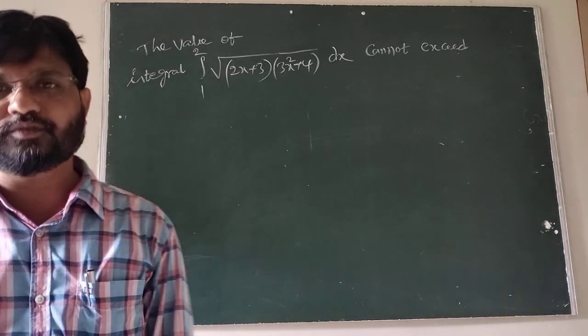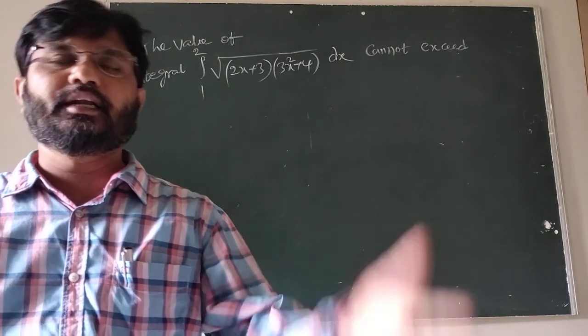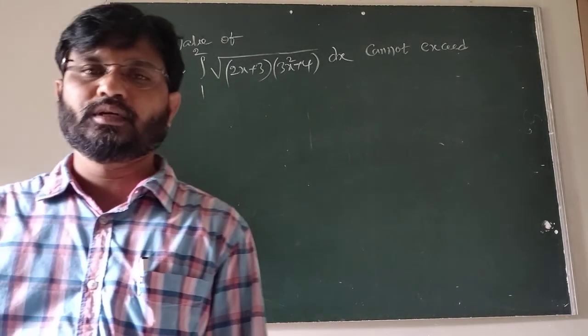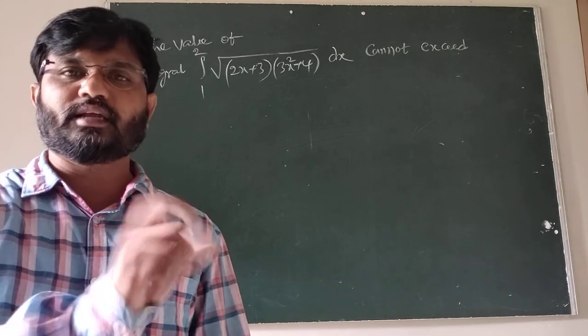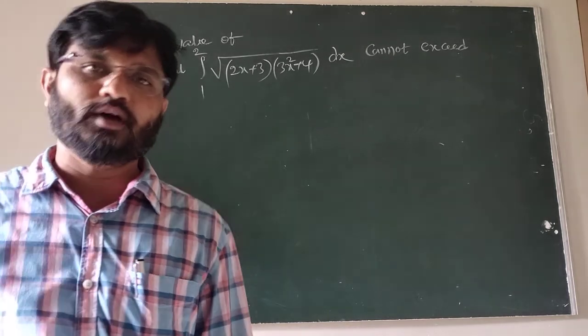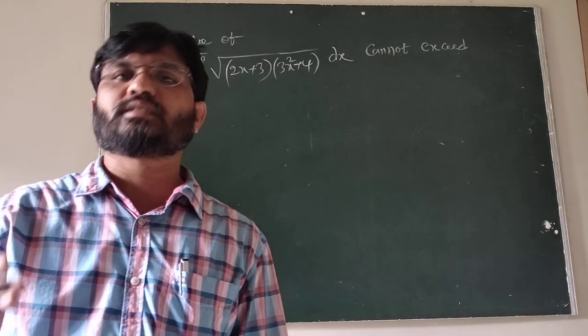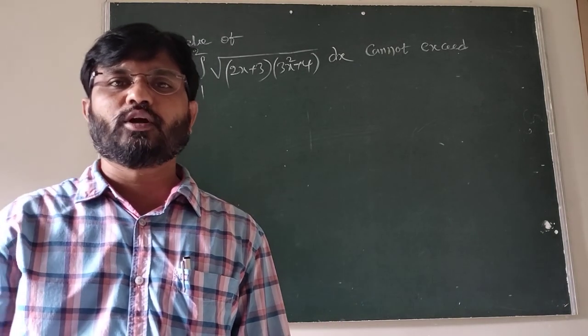So yesterday we discussed the integral where some limits are given, 1 by 1 plus sine square x dx. You can observe that sine square x lies between 0 and 1. After that, adding 1 on both sides, 1 is less than or equal to 1 plus sine square of x, less than or equal to 2.